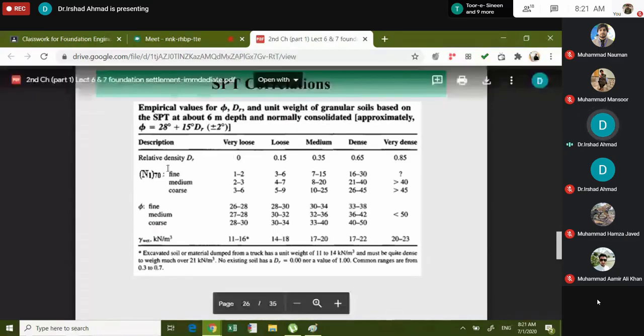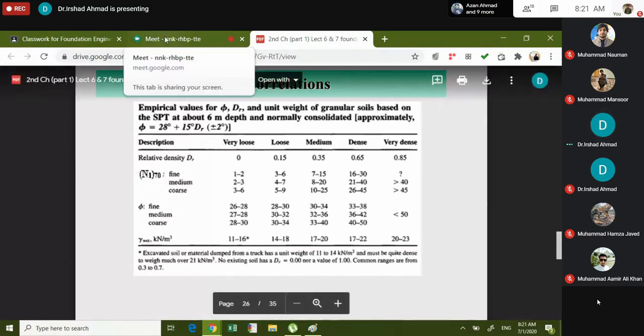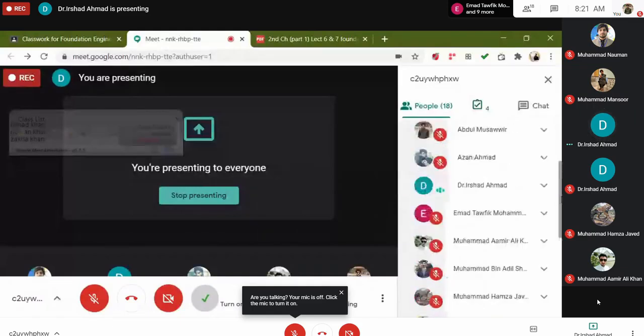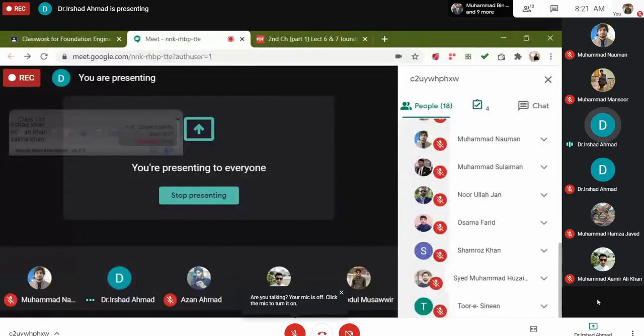But it is very easy to convert N160 into N170. Can anybody tell me how we can convert N160 into N170? Can anybody say how we can convert N160 into N170?